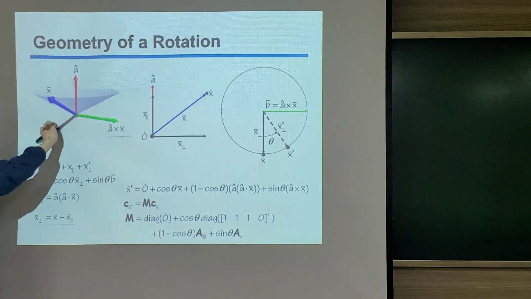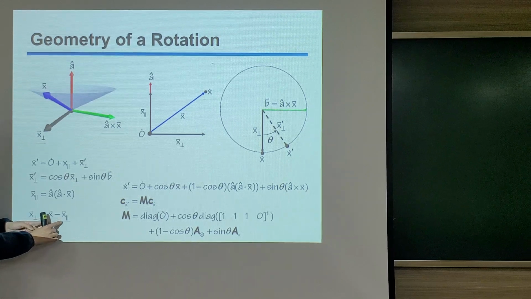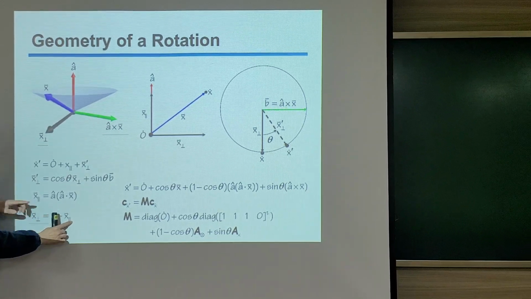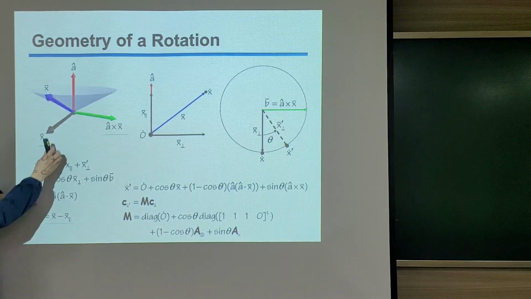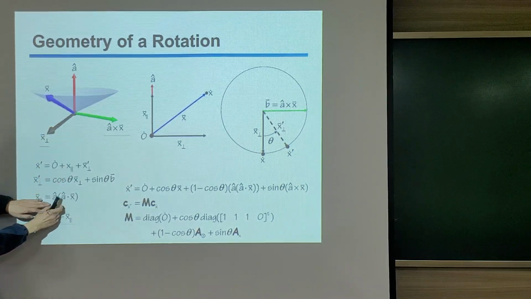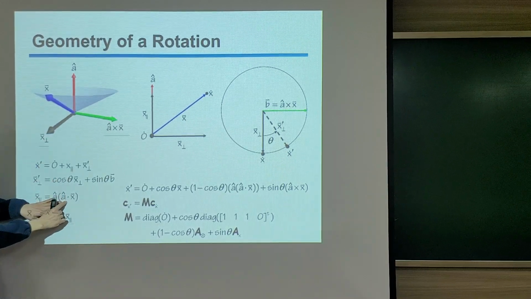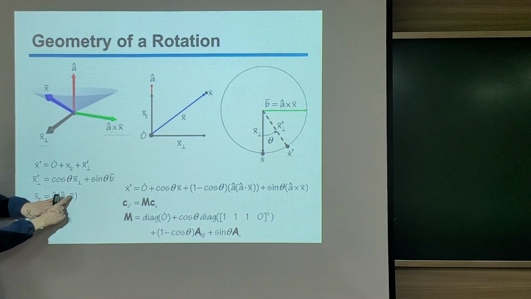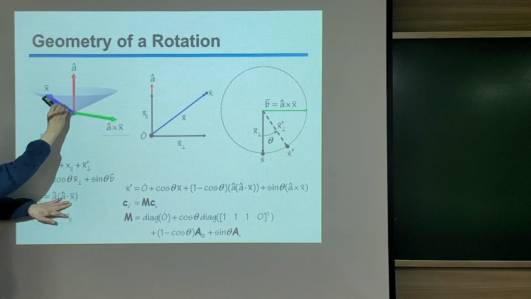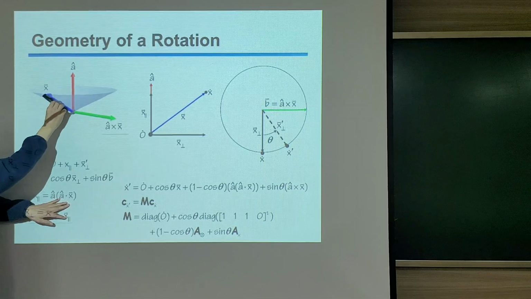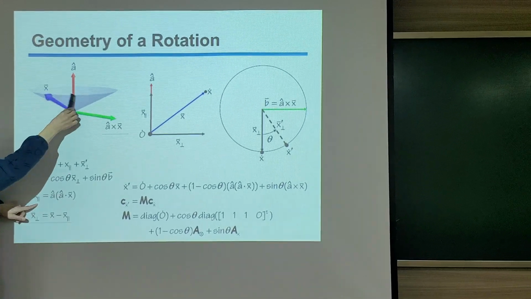This is the x orthogonal vector, computed as x minus x parallel. The x parallel vector is the a vector scaled by the dot product between x and a, which projects x onto a. So this x parallel vector is this vector.